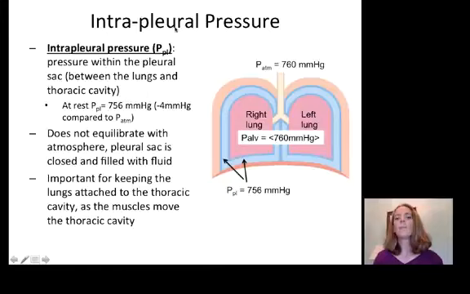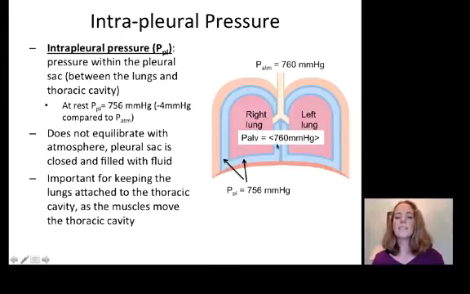So intrapleural refers to the pleural space surrounding the lungs. Remember from your anatomy that the lungs are surrounded by a pleural membrane.